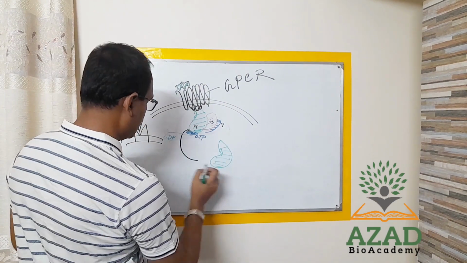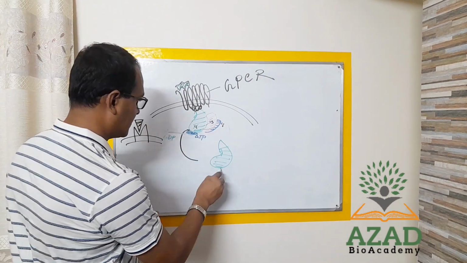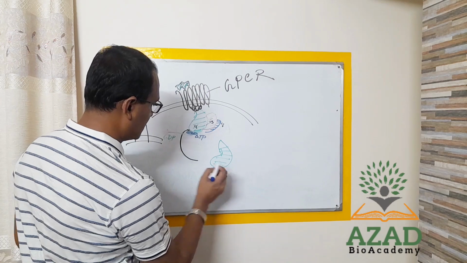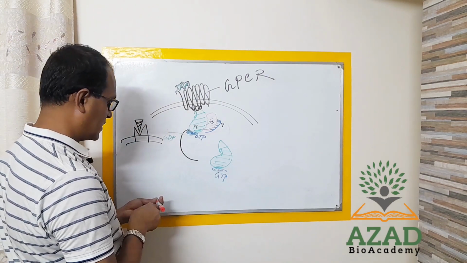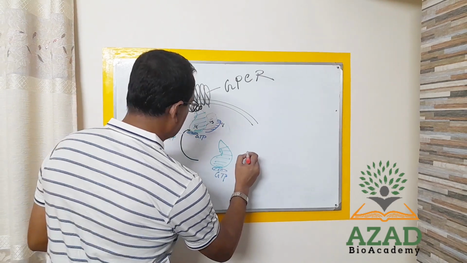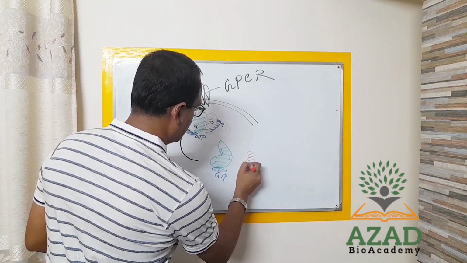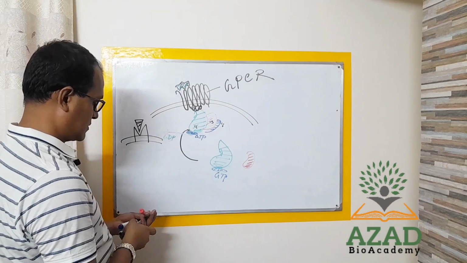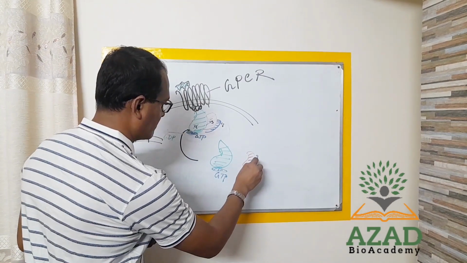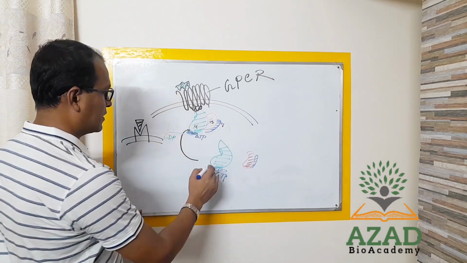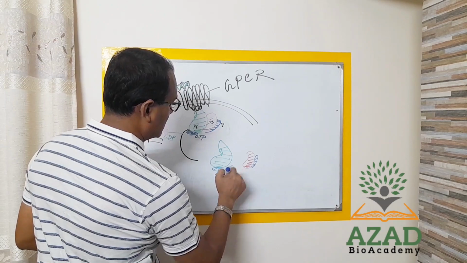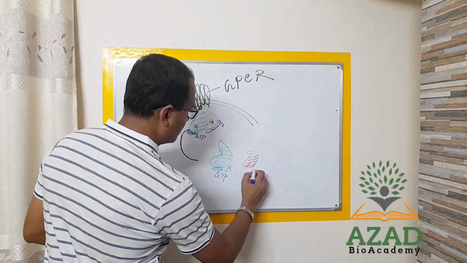Here GTP is attached, and this is alpha and this is beta gamma.